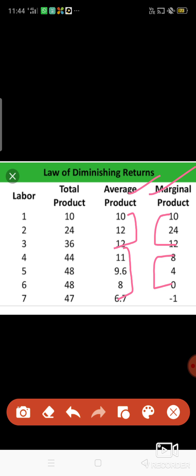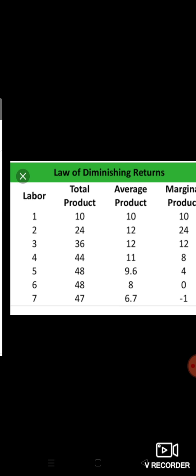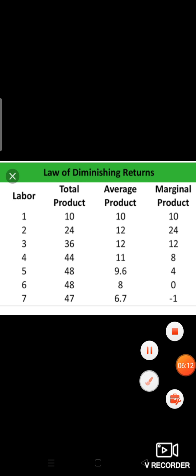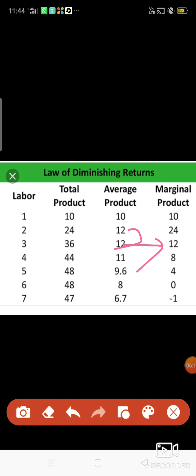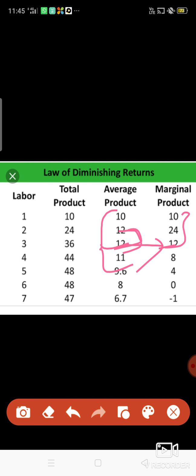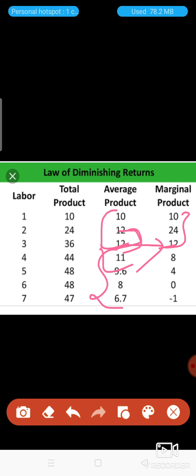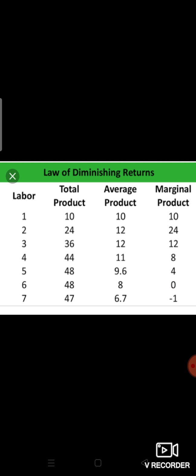And one more thing, when average product is constant, marginal product is equal to average product. So this is the relationship between AP and MP.